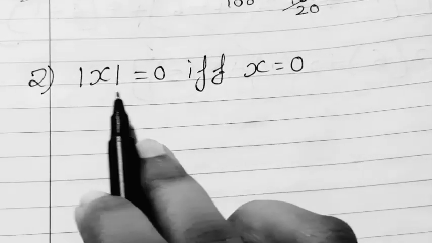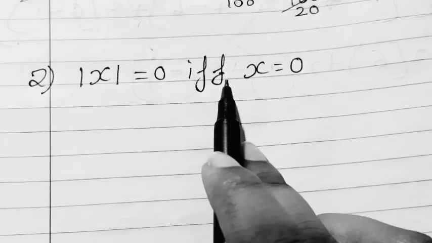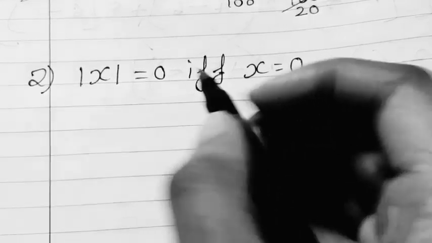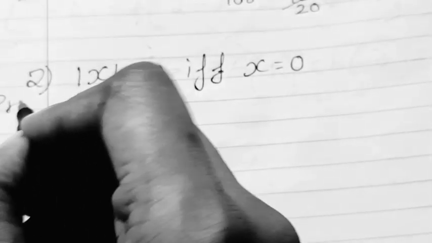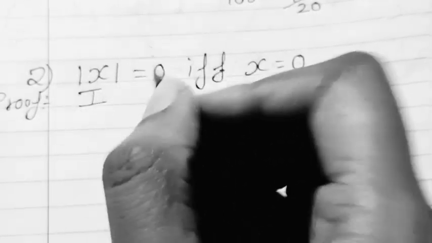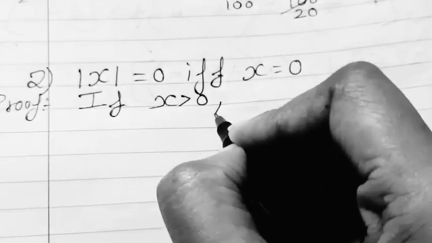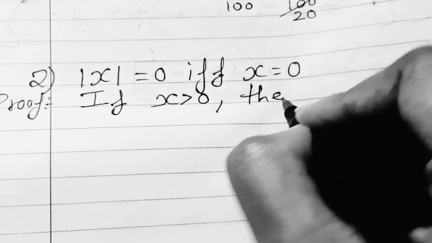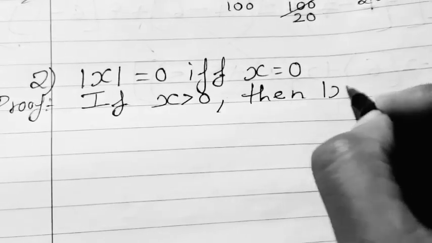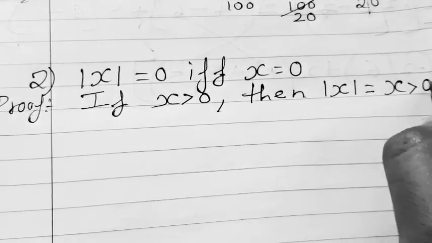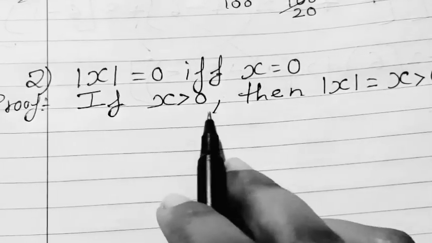So the second one is modulus of x is equal to 0 if and only if x is equal to 0. Now how are we going to prove this? Let us prove this one. Proof. If x is greater than 0, then modulus of x will be equal to x, which is greater than 0.